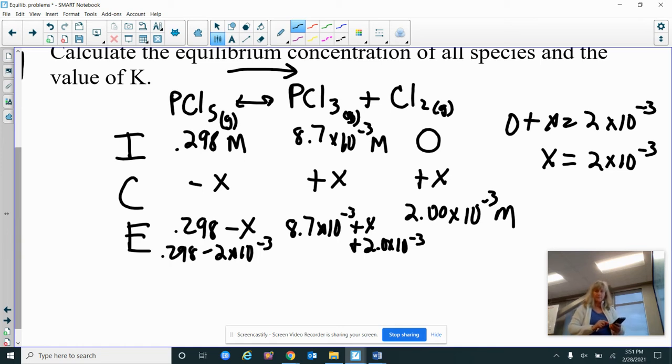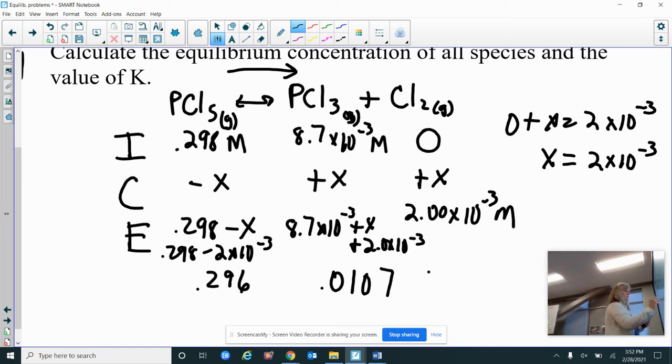That is the new concentration. And this one is 8.7 times 10 to the minus third plus 2 times 10 to the minus third, so that one is 0.0107. And then this one is already 2 times 10 to the minus third.